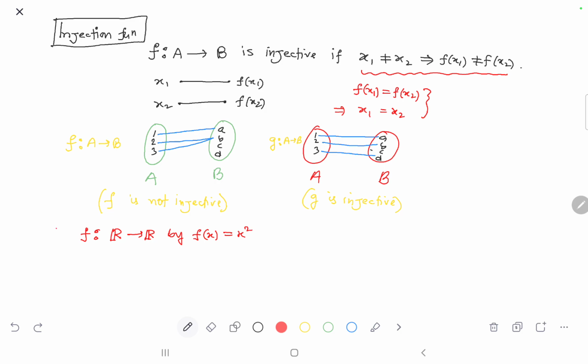Is f injective? R contains all real numbers, positive, negative, everything. Can you find two distinct members that map to the same element?